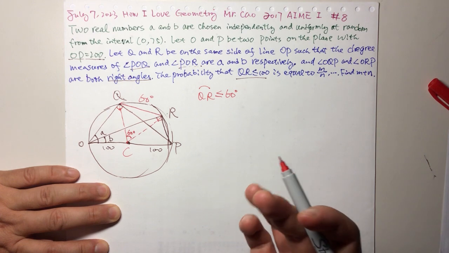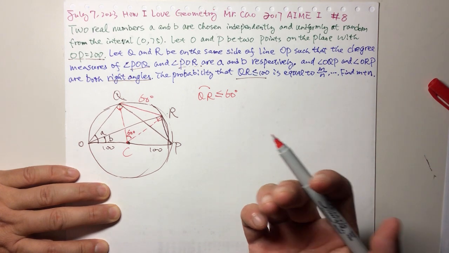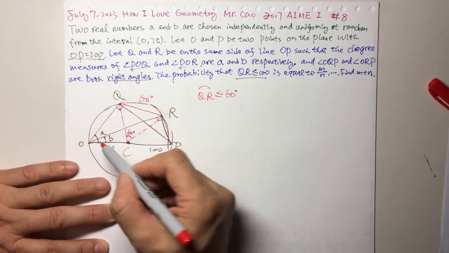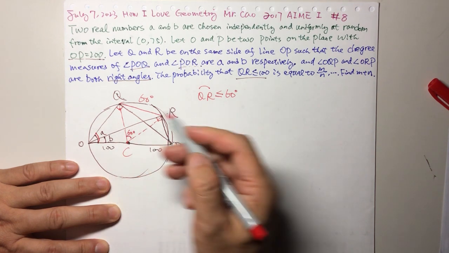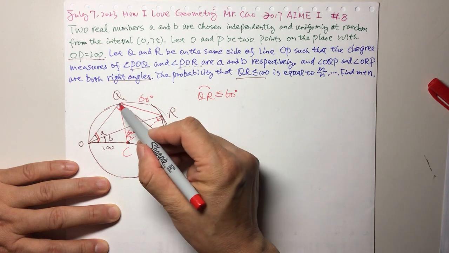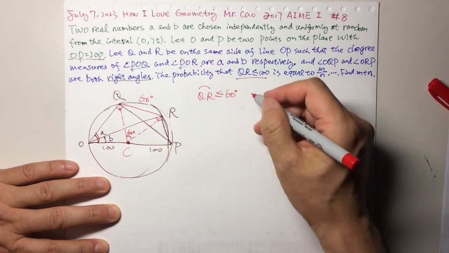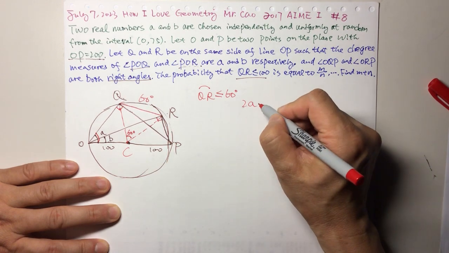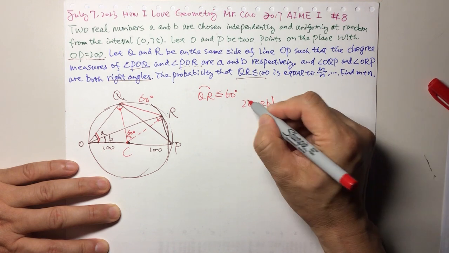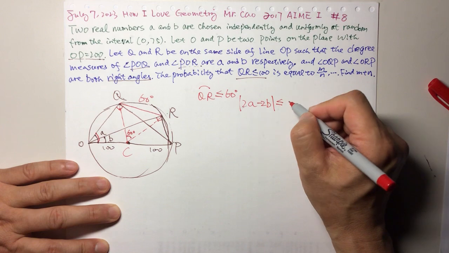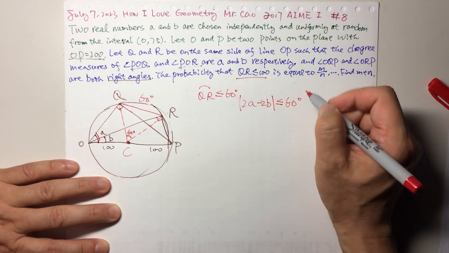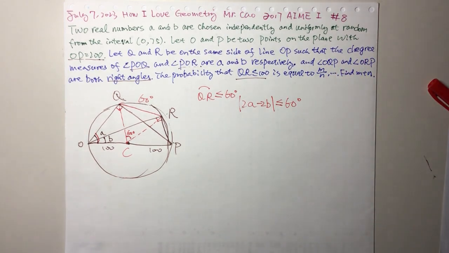Now the problem becomes a little easier, because the corresponding arc is 2a. So the absolute value of 2a minus 2b, if it's less than or equal to 60 degrees, it will be satisfied.